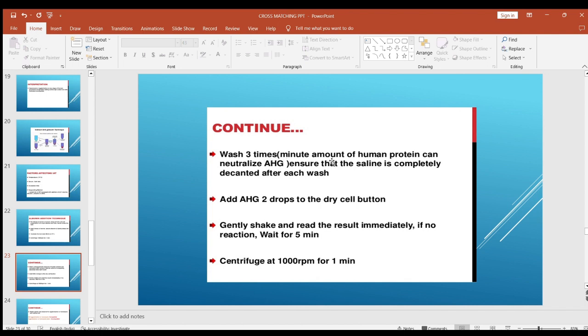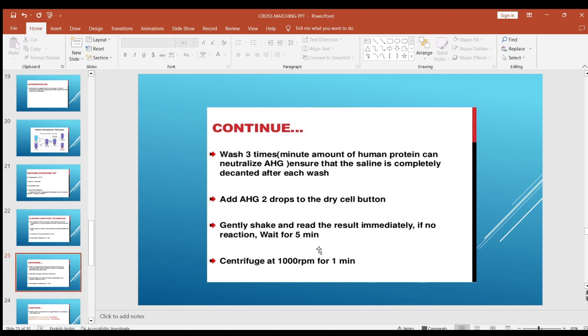Next, wash the test tube 3 times. A minute amount of human protein can be neutralized. AHG ensures that the saline is completely decanted after each wash. Next, add 2 drops of AHG to the dry cell button. Gently shake and read the results immediately. If no reaction, wait for 5 minutes.